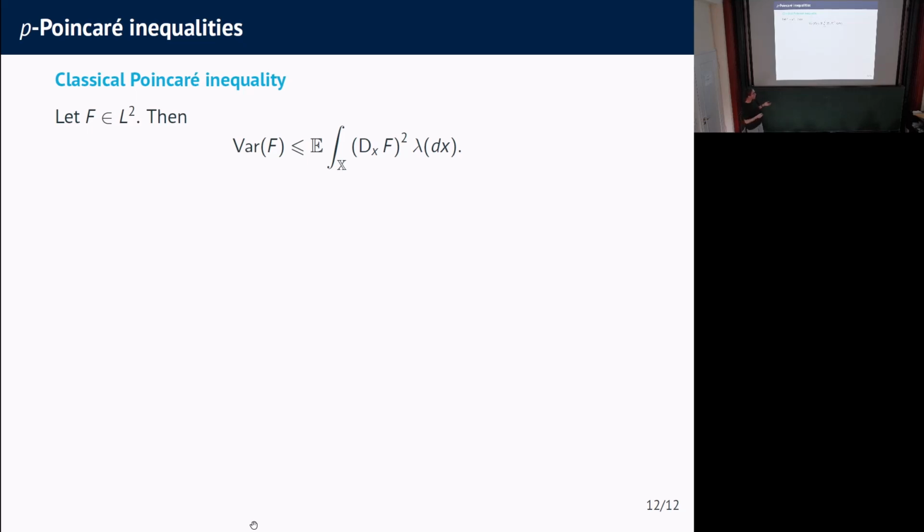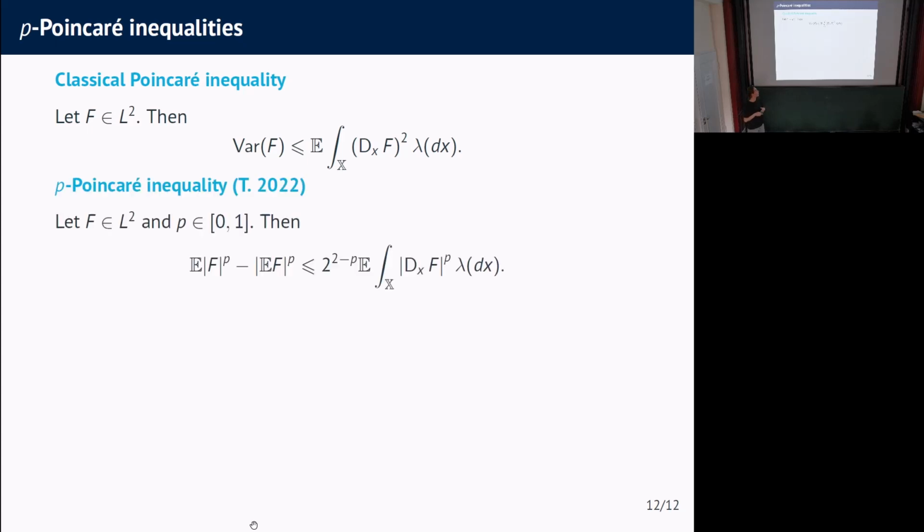Problem is, if you plug this in, you're going to end up with the fourth moment again. So you want to avoid this square here. You need to reduce this to something that is less than a square. So what we had to show then was that a similar inequality holds for p between 1 and 2, not 0 and 1, sorry.